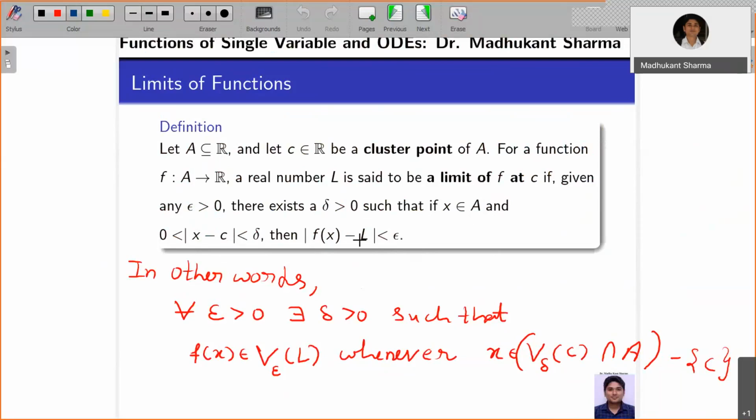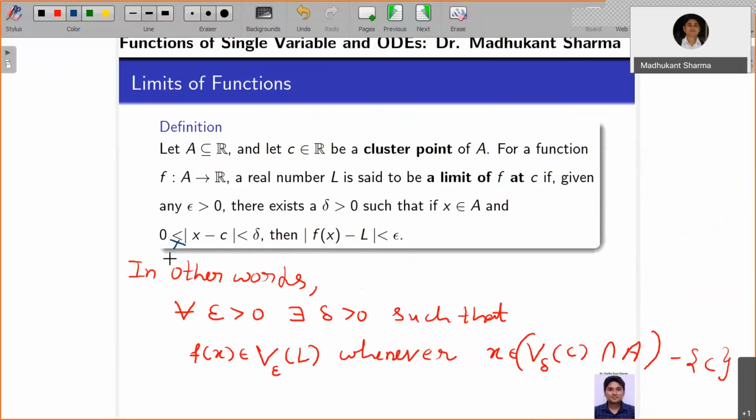So note that x is inside A, but c may or may not be a part of A. Therefore, f also may or may not be defined at the point c, and that is why the equal to sign is not there.